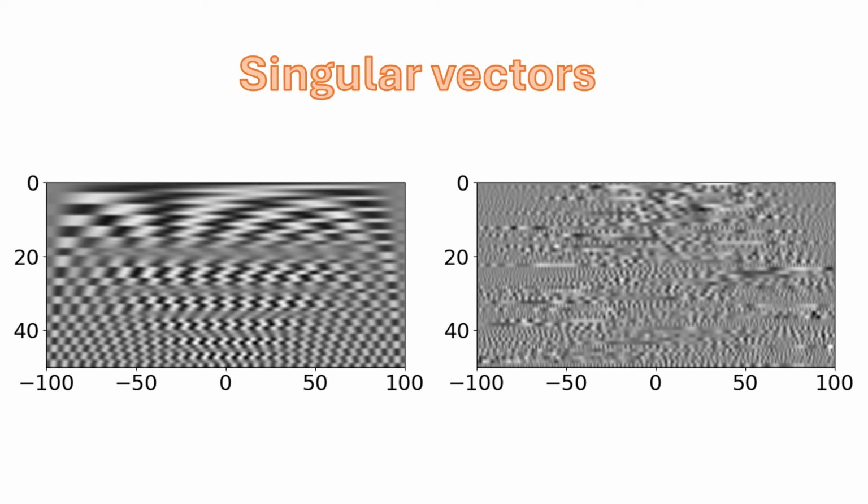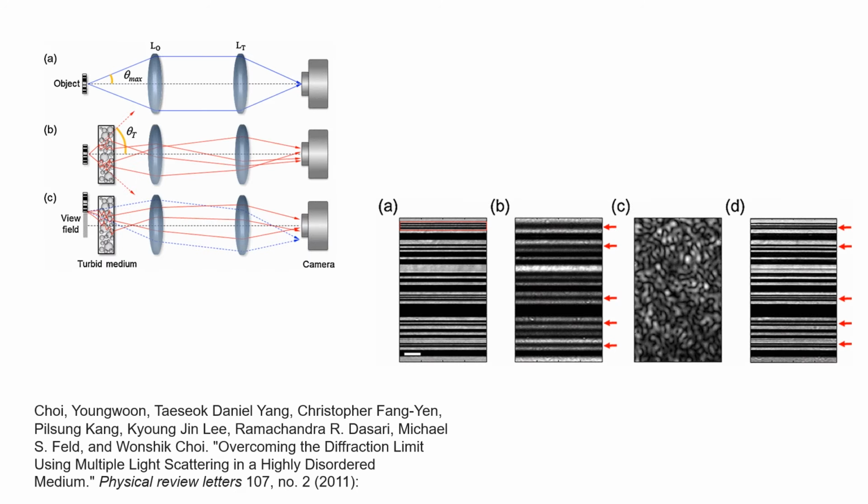Even though the total number of modes maybe is increased by a factor of 2, the overall singular value spectrum is actually decreased somewhat. It's not as square as it was with free space propagation, but we have this much higher frequency response, and that allows us to achieve results like we saw with Choi et al.